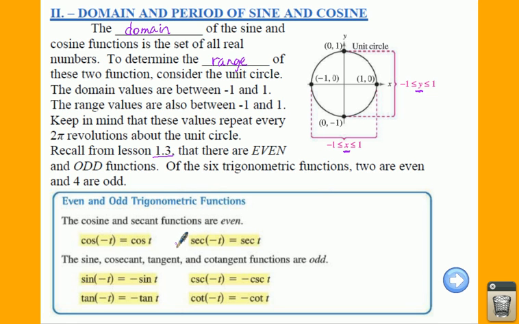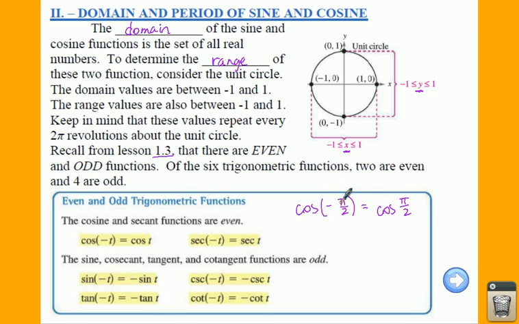Even and odd functions, remember your even functions reflect over your y-axis and your odd functions reflect over your x and your y together, so over your origin. Cosine and secant are even functions, so if you have the cosine, say, of negative pi over 2, that's going to be equal to the same value as the cosine of pi over 2.